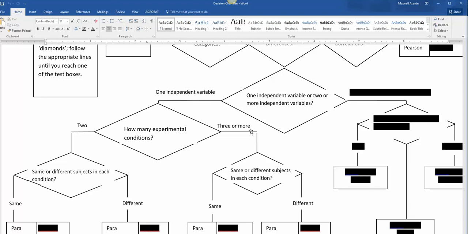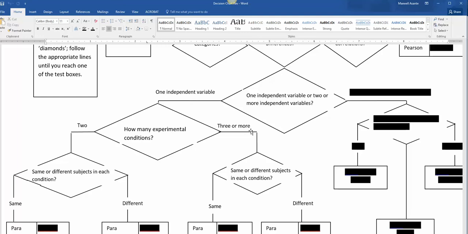So if we consider an experiment in which the researcher is interested in, say, the effect of temperature on students' ability to do statistical tests, you can create two conditions. One condition is a cool room. Maybe the temperature there is about 70 degrees.